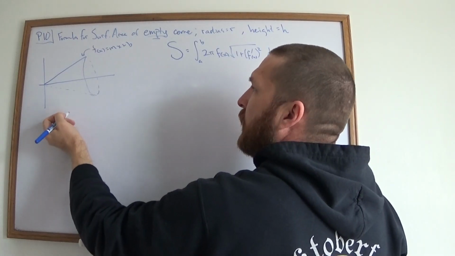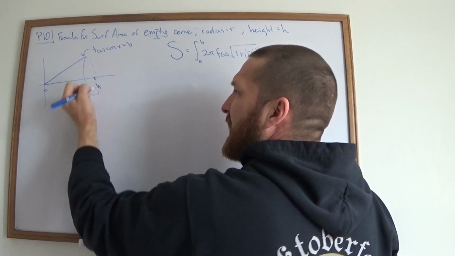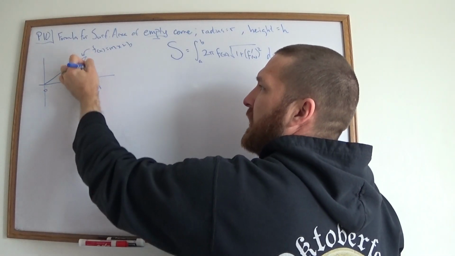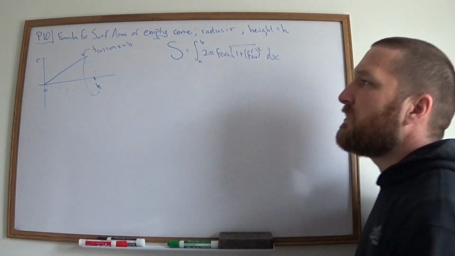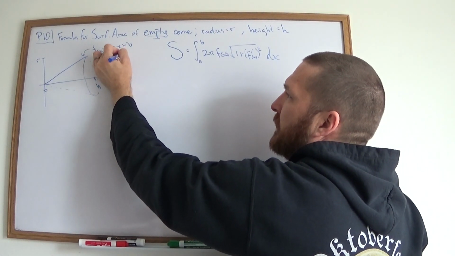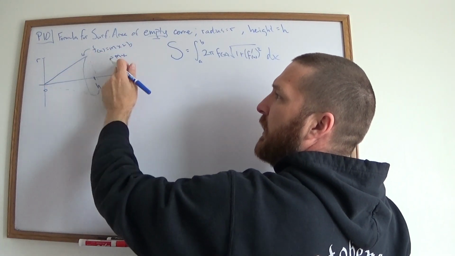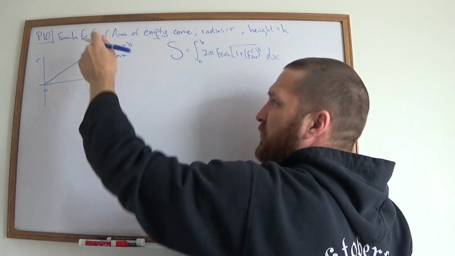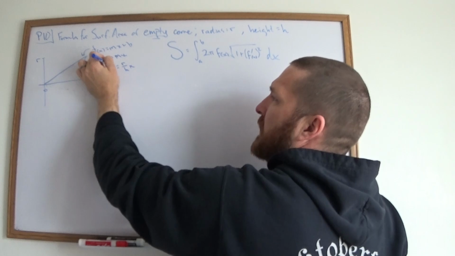And like we said before, orienting it this way makes it easy. This is 0, this is h, the radius here is r, right? And so mx plus b, well, the b is 0, so we have mx plus 0. And then the m is the rise over the run, which is r over h. So this is just r over h x.